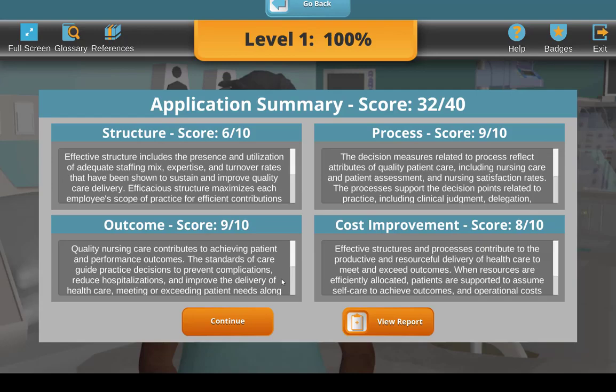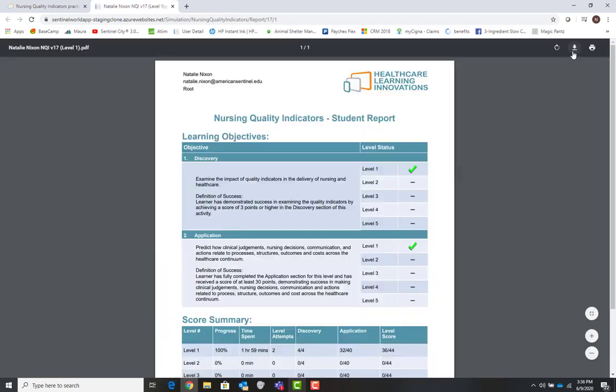Okay, all right, so we have finished the application phase of level 1, and you can see that we scored 6 out of 10 on structure, 9 out of 10 on process, 8 out of 10 on cost, and 9 out of 10 on outcome. If I want to see that report, I just simply click on view report. Because it is a PDF, if we hover across the top up here, we see where the download is.